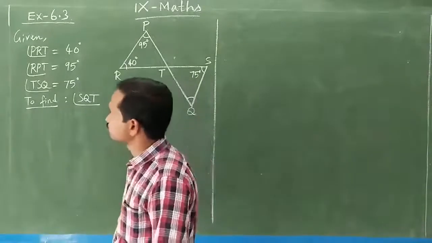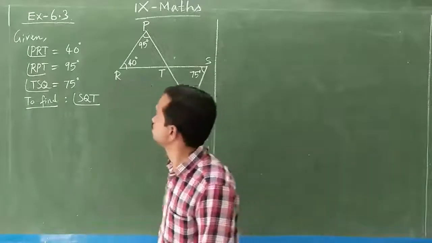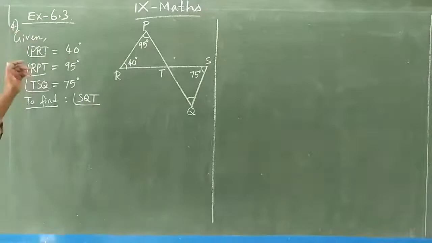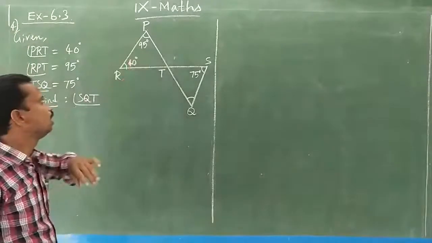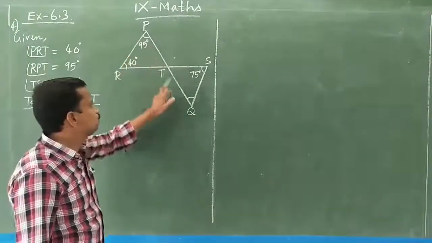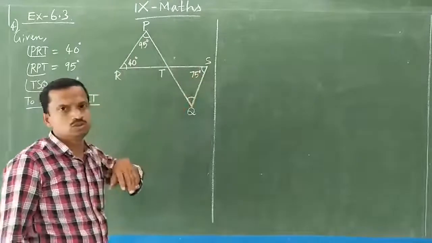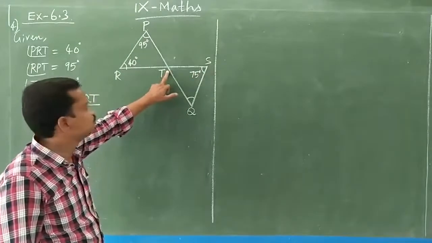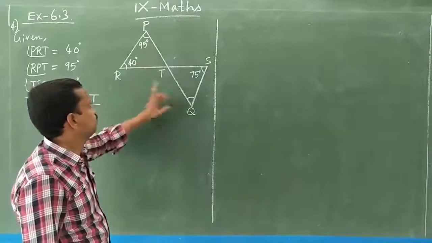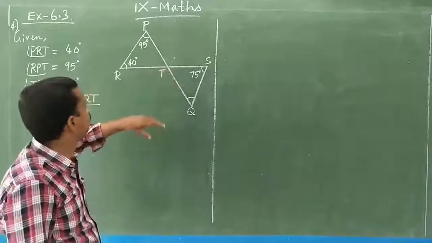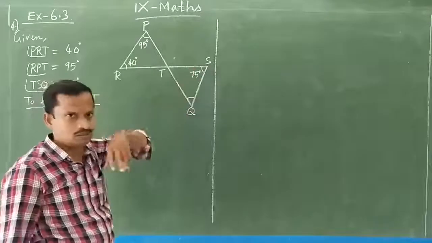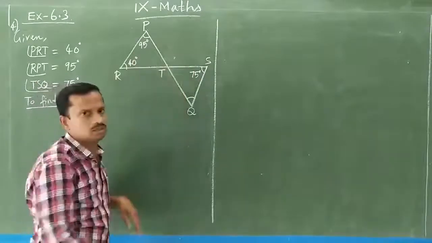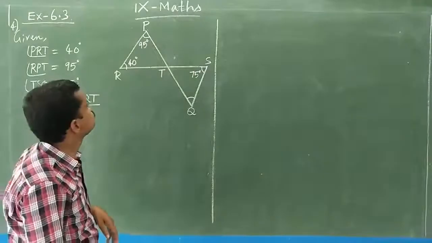And now the next question. This is fourth question. So it is given this diagram and PQ and RS, these two lines meet at T. The point T, that is the point of intersection of the two lines PQ and RS. Okay, and now you see we have here one triangle and here another triangle.